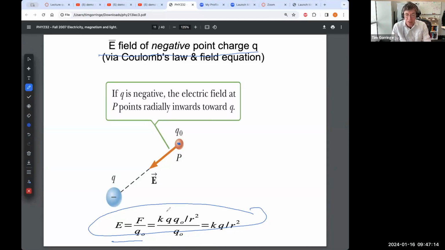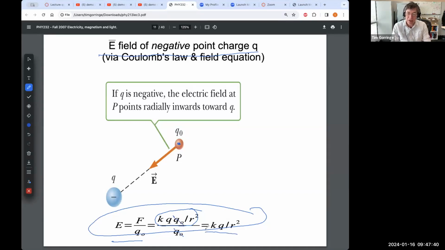And then I'm just going to plug in the fact that in this case, we've got two interacting point charges, the source charge on the left and the test charge on the right. And the force between two point charges is given by Coulomb's law again. So just plug in Coulomb's law. If I plug in Coulomb's law as the force between the two charges, I can cancel out the Q naughts again.